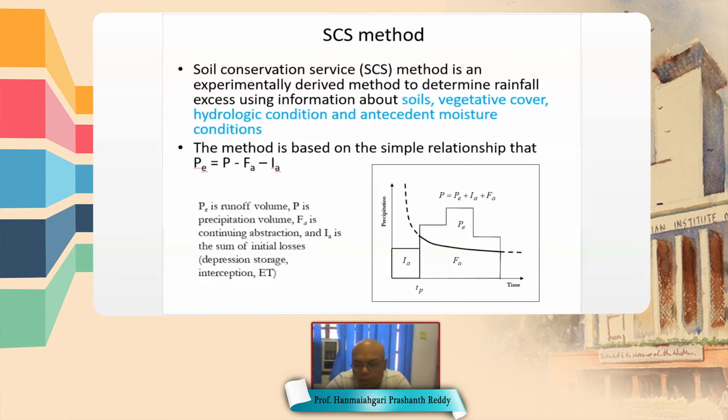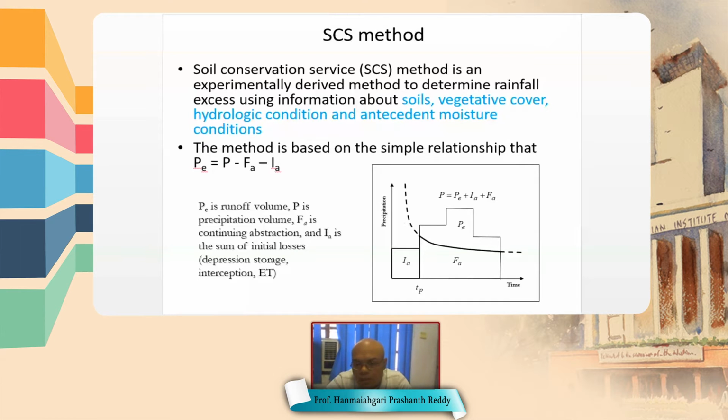What is the use of this SCS curve number method? By knowing precipitation, the type of soil, land use, antecedent moisture conditions, catchment characteristics and rainfall characteristics, we can estimate excess rainfall or rainfall excess.